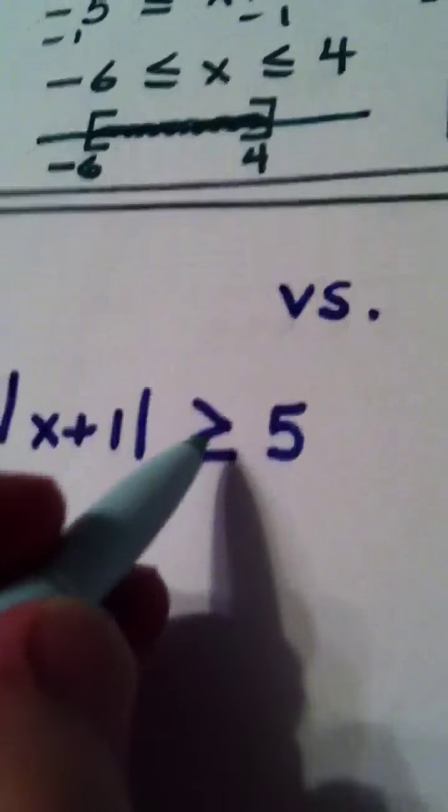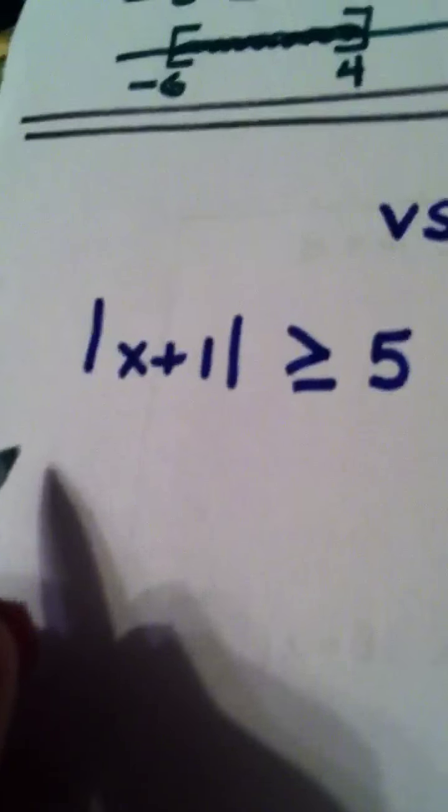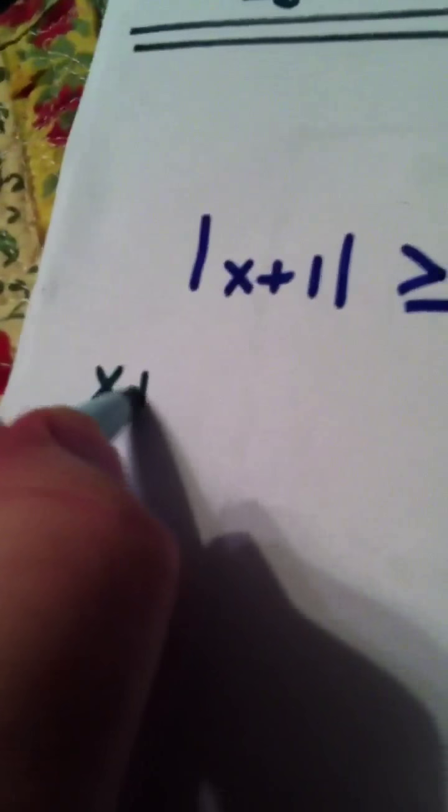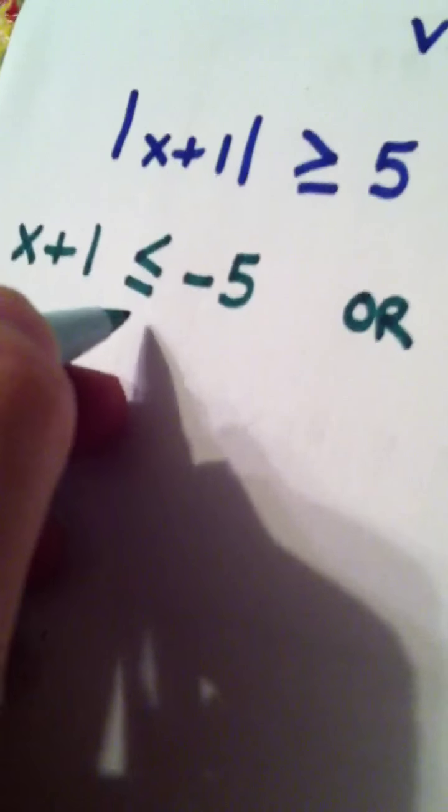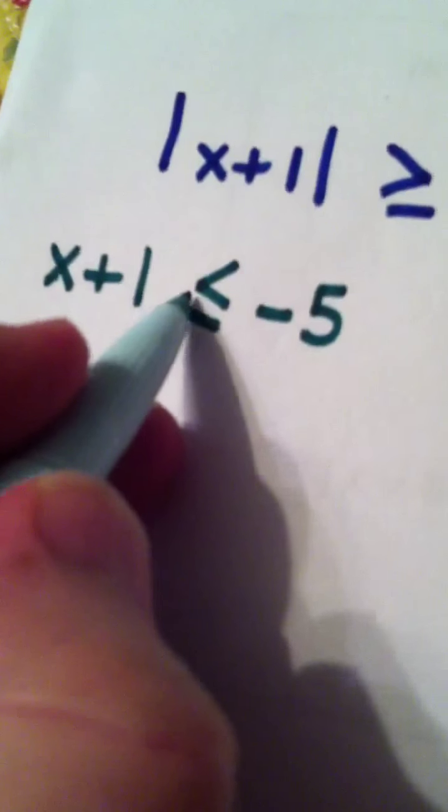So basically the way you set this up is your expression, x plus 1 in this case, is either going to be to the left of the negative number, so that means less than or equal to -5. You have to put the word or in the middle. Your expression is less than or equal to the negative, or your expression is greater than or equal to the positive, because you're either to the left of the negative or you're to the right of the positive.